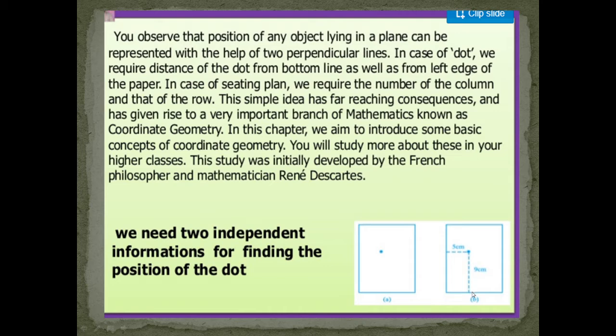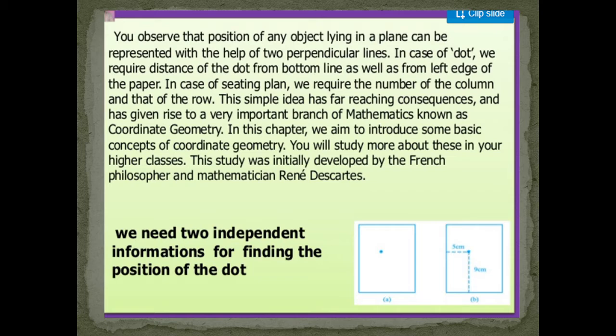One is how many centimeters this dot is from the bottom of the paper, and also how many centimeters this dot is from the left side of the paper. So using these two references, we can exactly locate one dot on a paper.